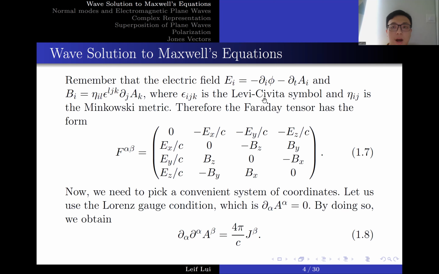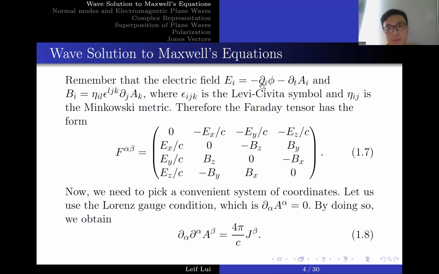Now, before I talk about how we get the Faraday tensor, let us talk about how differential operators are represented in tensor form. For example, if we have partial sub i with a scalar function, this will yield a vector, right? Because this has an i index and this has no index, so this will eventually yield something with an i index.